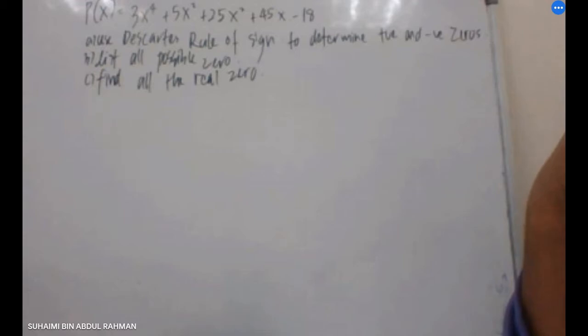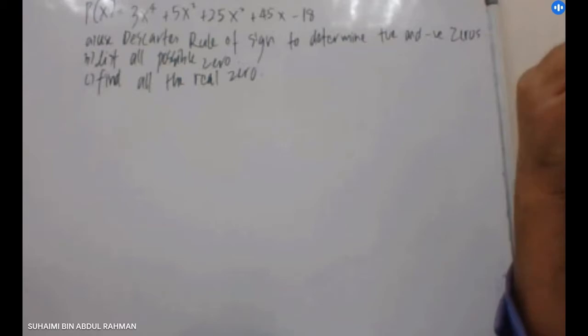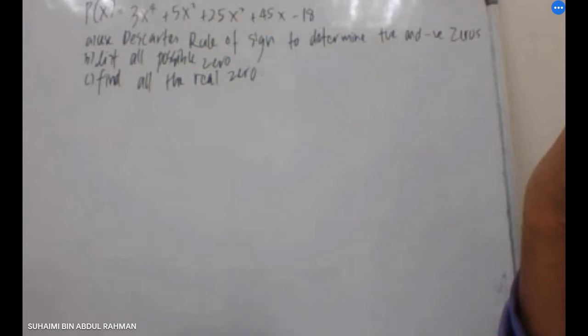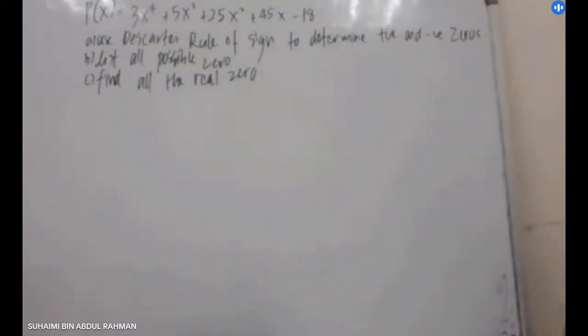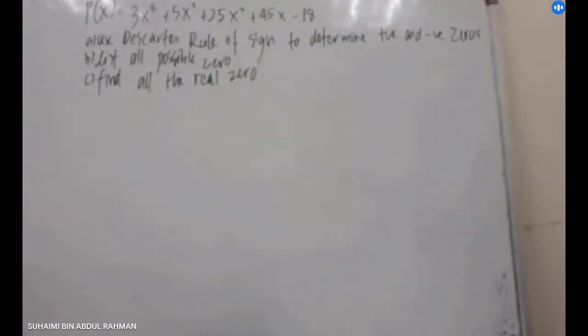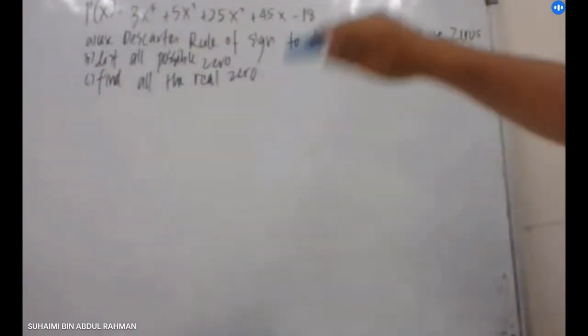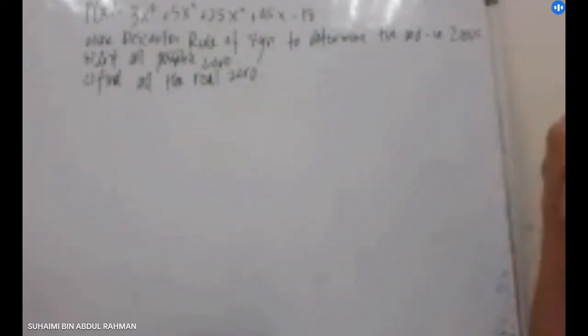A, use Descartes' rule of signs to determine positive and negative zeros. From the definition, to know how many positive zeros and how many negative zeros, we need to know the number of variations of sign.